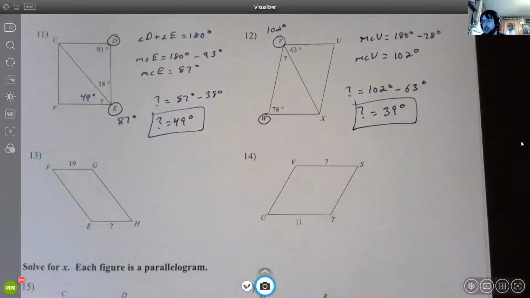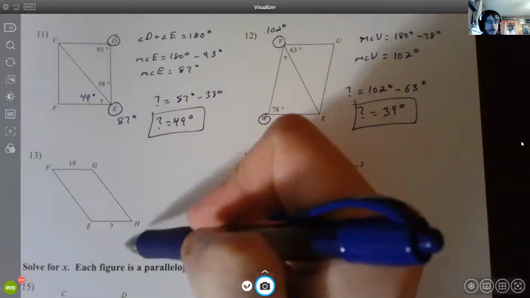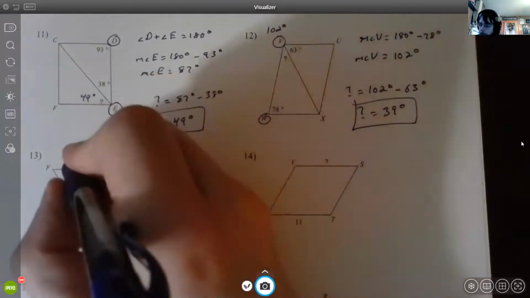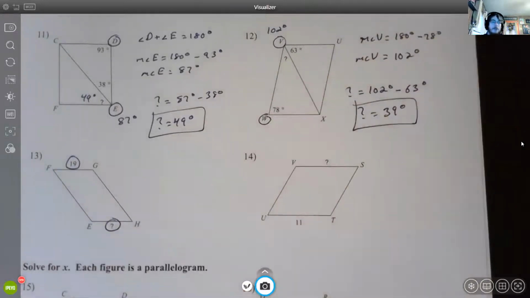Okay. Now let's look at number 13 and 14. Number 13 we're going to go together, and then you do number 14. So number 13, we have a parallelogram here, but this time instead of finding angles, we're looking for a side. We see that our side here is 19, and we're missing this side. Well, since these are parallelograms, you know that these two sides must be congruent.